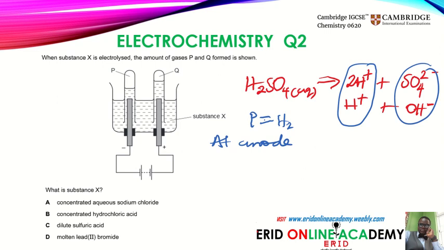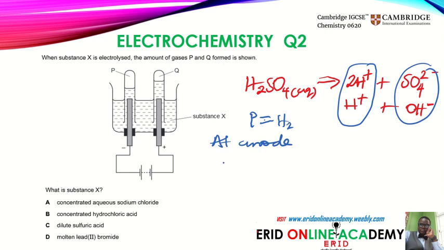So which one will preferentially discharge? In this case, sulfate is far higher than hydroxide in the reactivity series. I take that again. Sulfate is far higher than hydroxide in the reactivity series. So you would expect that sulfate will not be discharged, but hydroxide will be discharged in preference to sulfate.